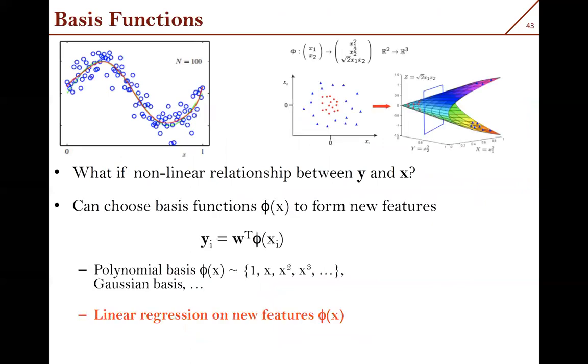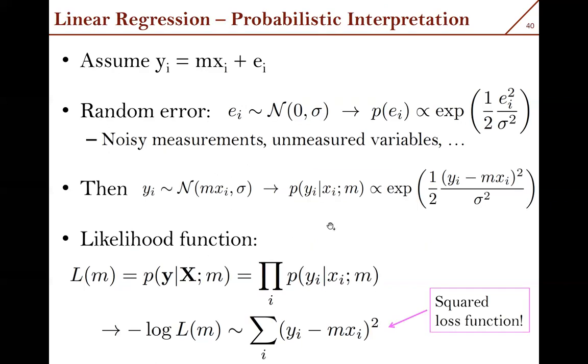Here we are taking the case that we're assuming the dependence between the independent variable and the dependent variable is linear, but that doesn't have to be the case always.